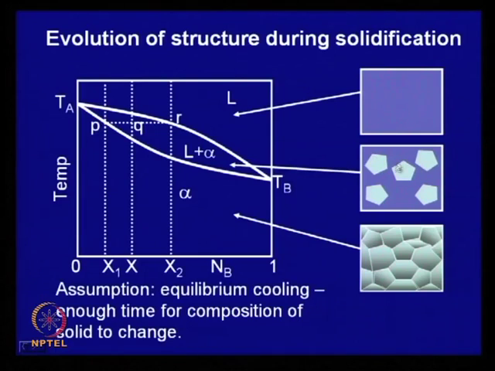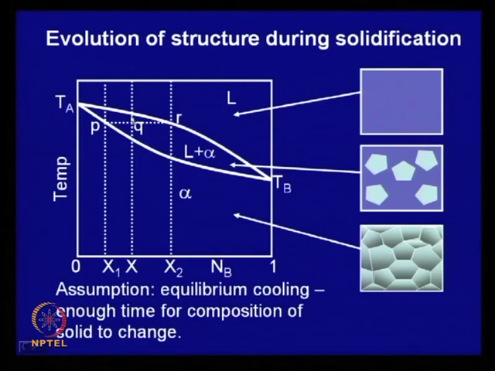Not that they develop all of a sudden, they will nucleate and grow, and this is a continuous process and takes place over the temperature range. And the number of these particles grow in size, new particles also nucleate, and they also will keep growing as the temperature cools down.